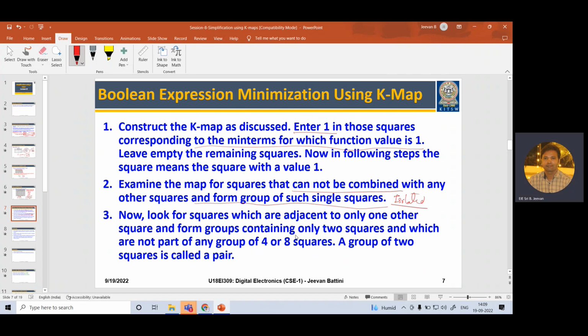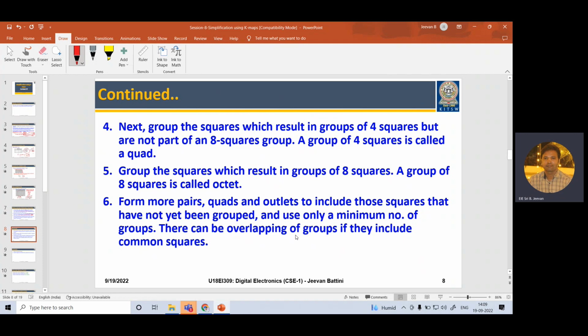This is called a pair. Next, continue with the squares resulting in groups of 4 squares and 8 squares.